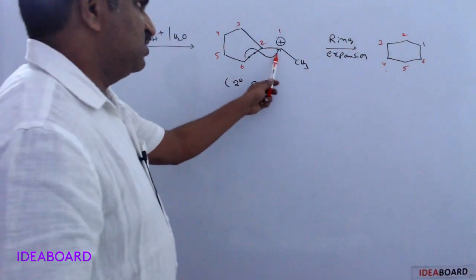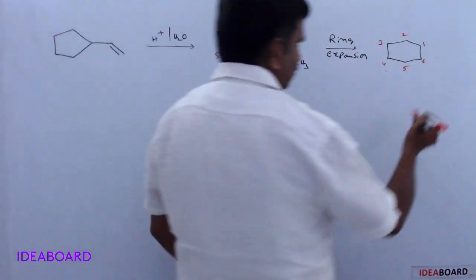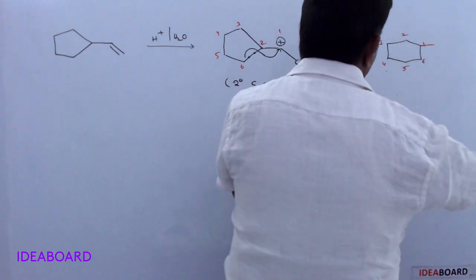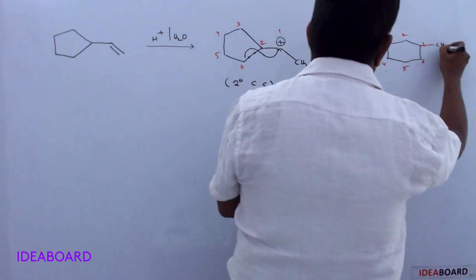Between 2 and 6 there is already a bond. On the first carbon there is one more methyl group, so please remember this has a methyl group also.